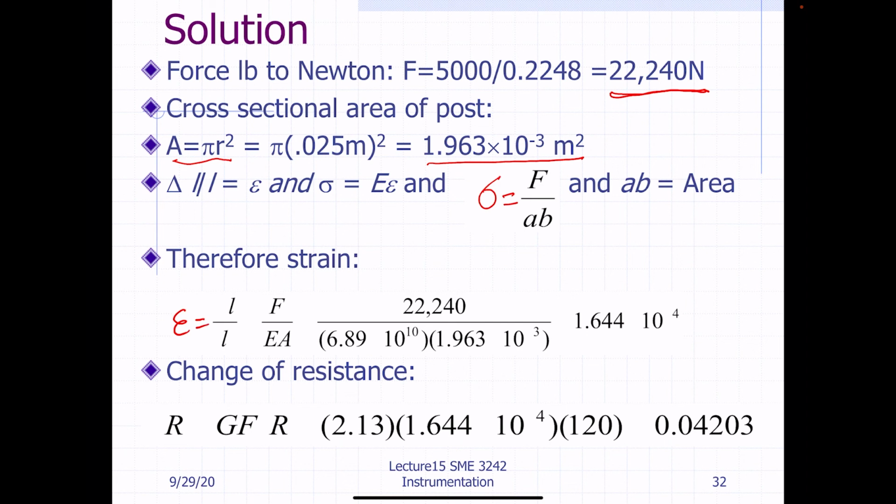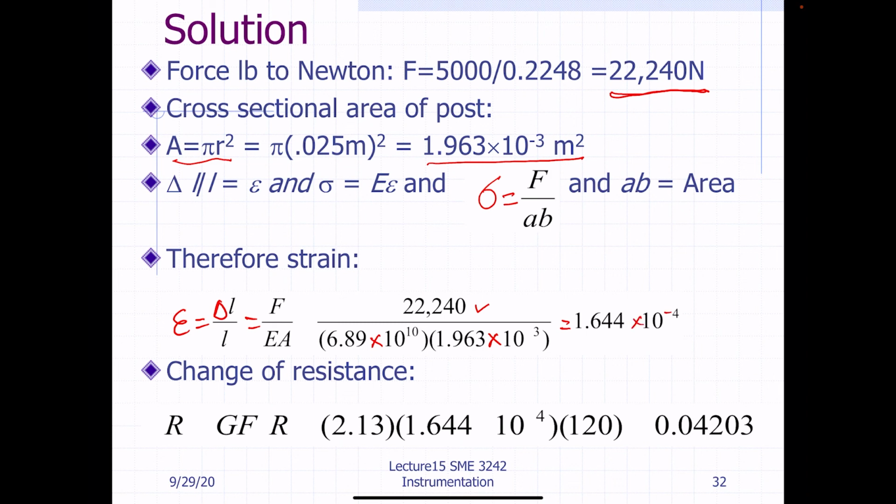Therefore, the strain is equal to F over EA. F is 22,240 Newtons. Young's modulus is 6.89. And area is this value here. So we get strain as 1.644 multiplied by 10 to the minus 4.